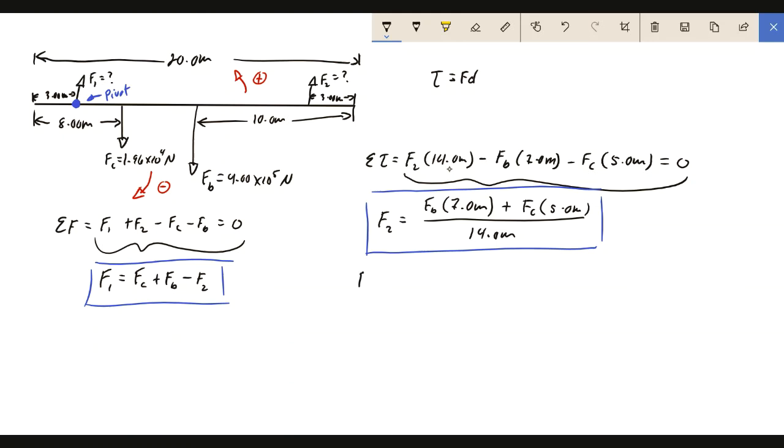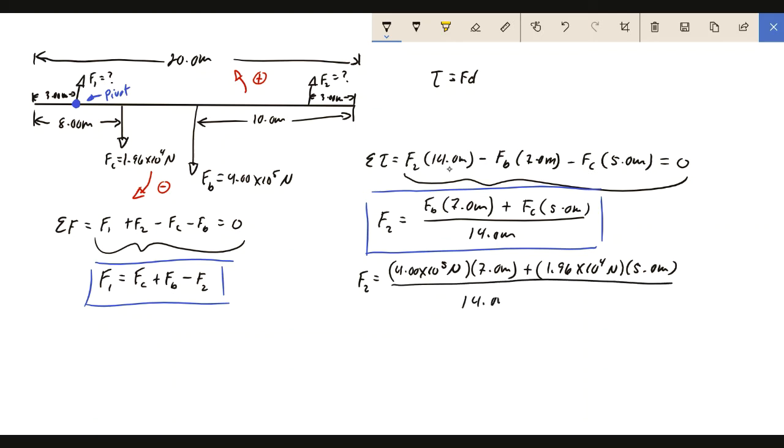So let's put the numbers in now. So F2 equals, well, FB was 4 times 10 to the 5th newtons. The lever arm was 7 meters, plus FC was 1.96 times 10 to the 4 newtons. The lever arm is 5 meters, and I divide that by 14 meters.